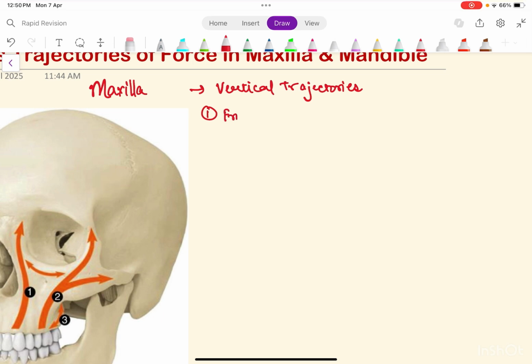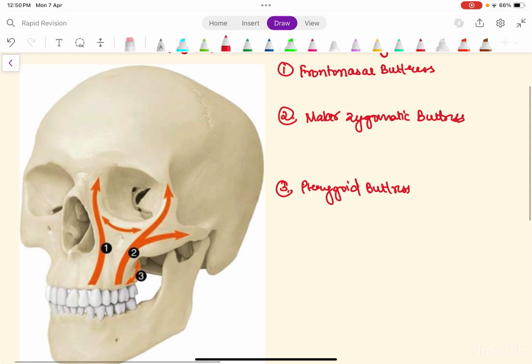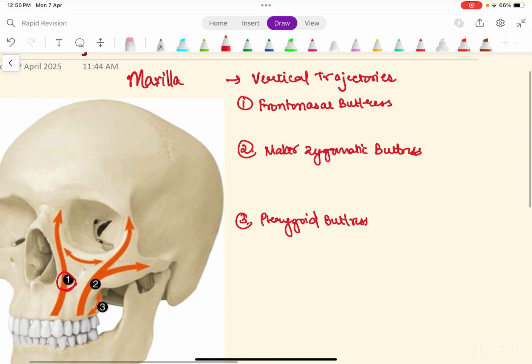First is the frontonasal buttress, then we have the malar zygomatic buttress, and we have the pterygoid buttress. So look at this one first. The number one is frontonasal buttress.